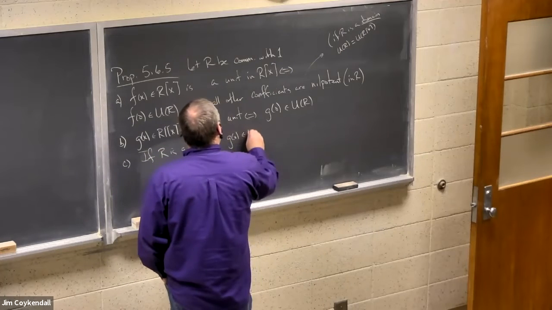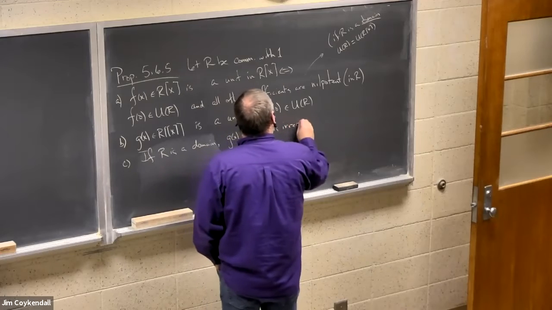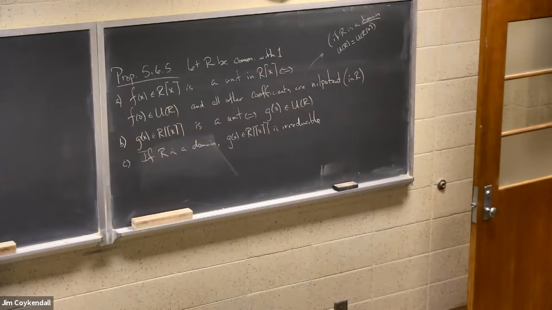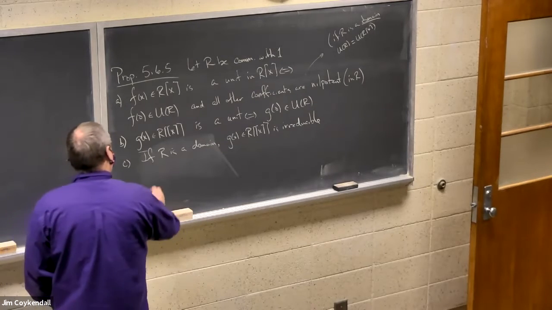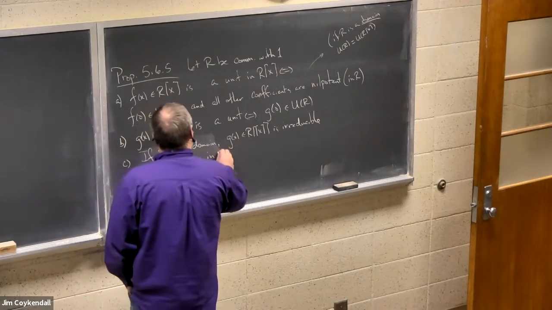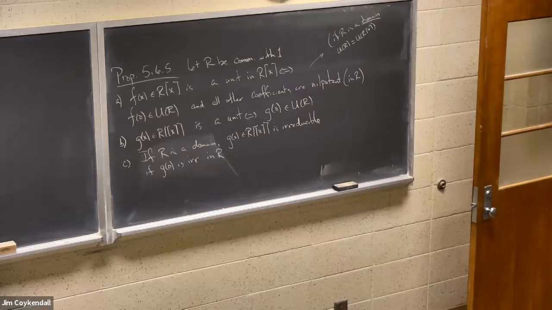Then f(x) in R[[x]] is irreducible if and only if f(0) is irreducible. So that's kind of nifty that you can tell the irreducibles. Well, no, I shouldn't say that, but if the constant term is irreducible, then the whole power series is. Let me at least outline some of this.